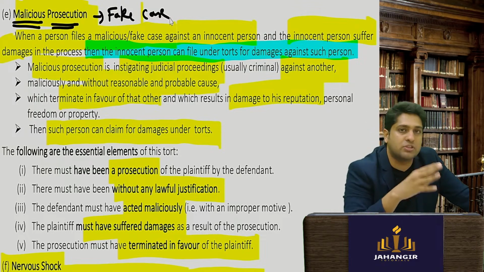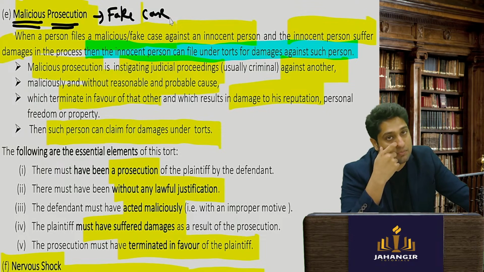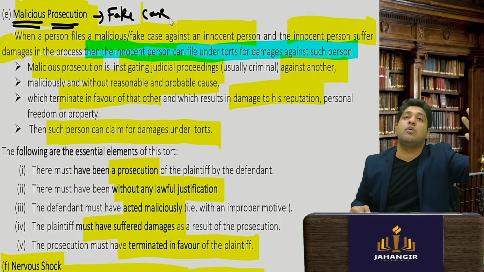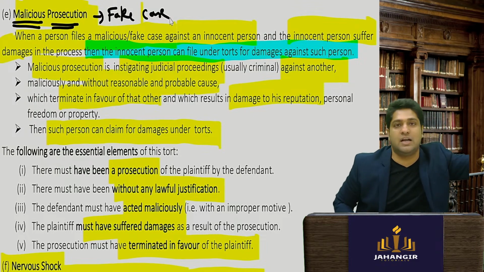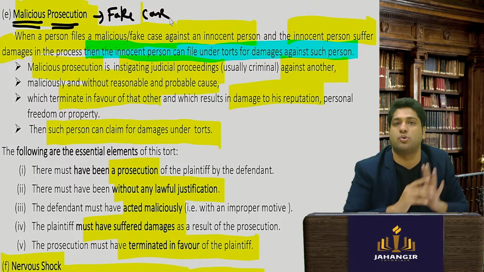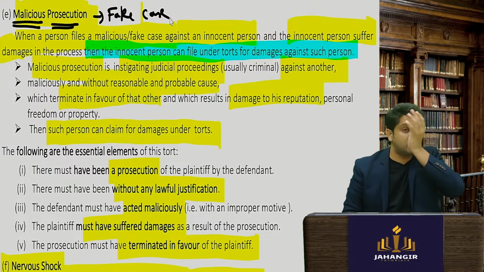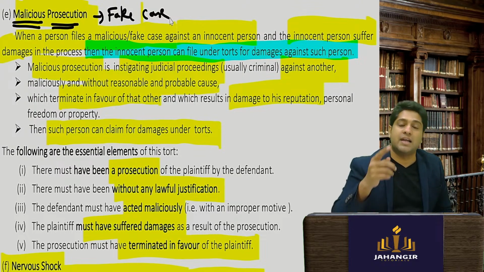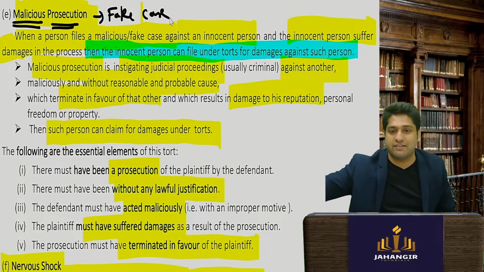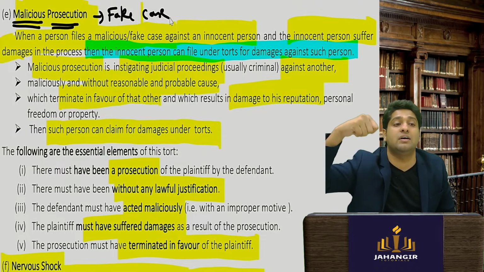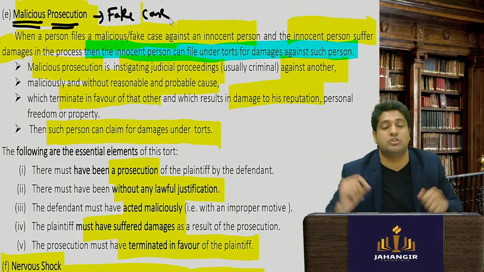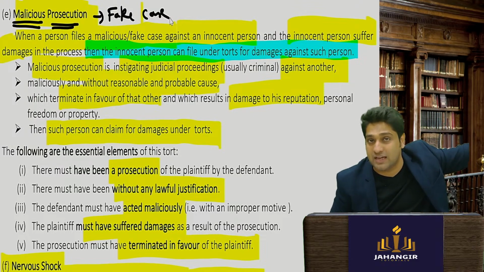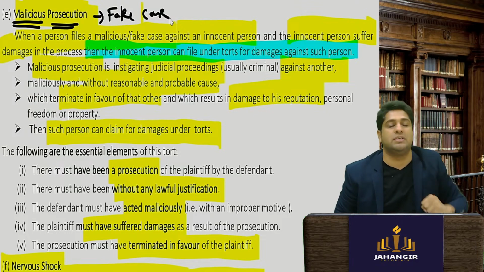He would have so much loss of time, mental agony, etc. I filed a fake case. It turned out that he won the case, and all the allegations were untrue. Now that person, on winning the case, will have the power to say that this was a fake case, I won, and now I will file a case of malicious prosecution and ask for compensation.